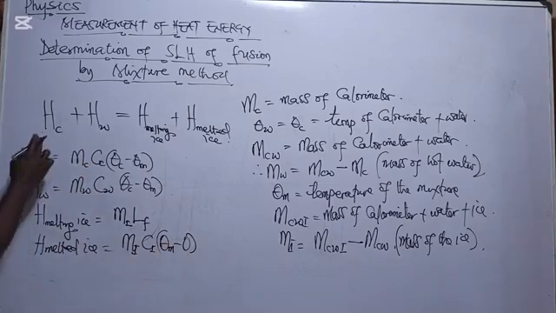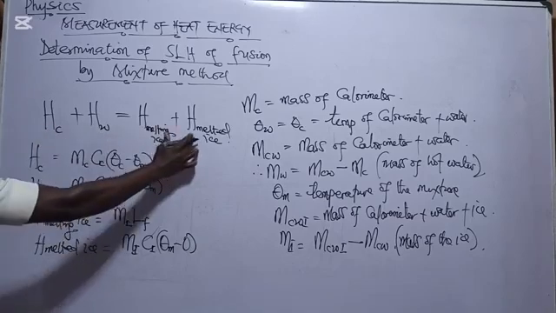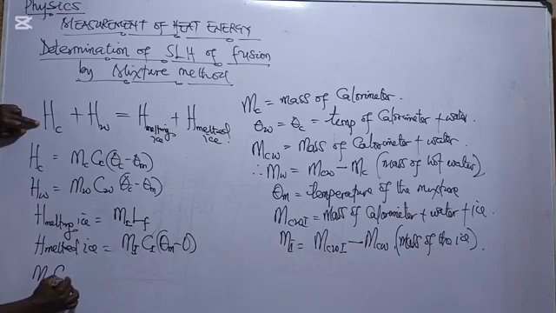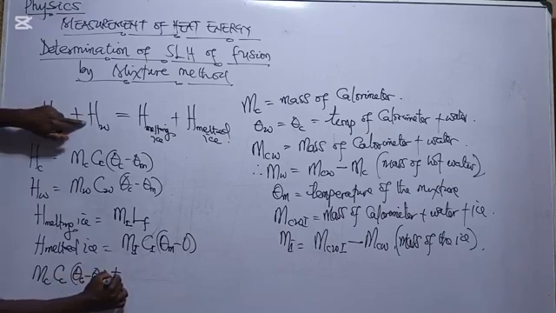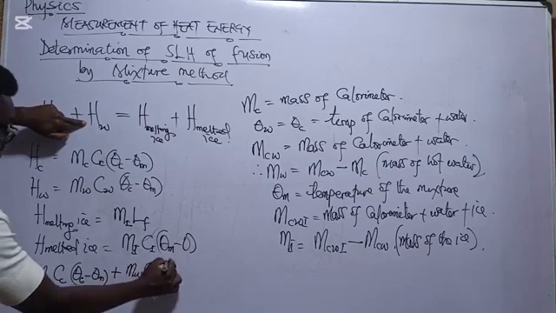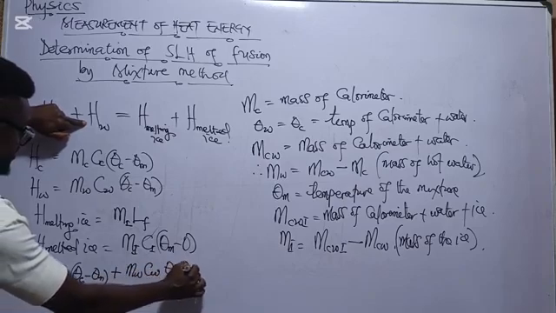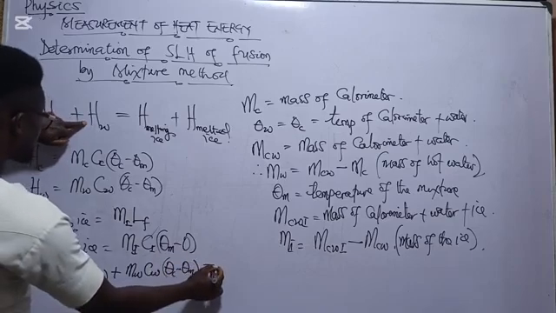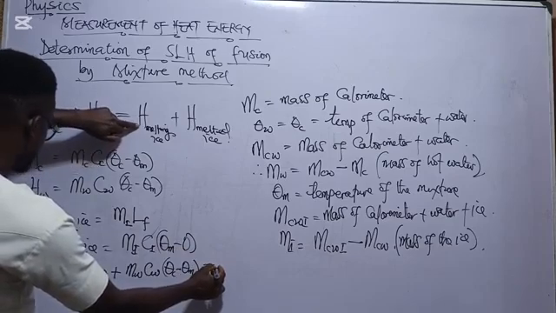So in that very case, when we substitute all the parameters here, we are going to have the mass of calorimeter, the specific heat capacity of calorimeter, the temperature difference of calorimeter, plus here we have the mass of the water, the specific heat capacity of the water, the temperature decrease of the water, which will now be equal to the heat of the melting ice.